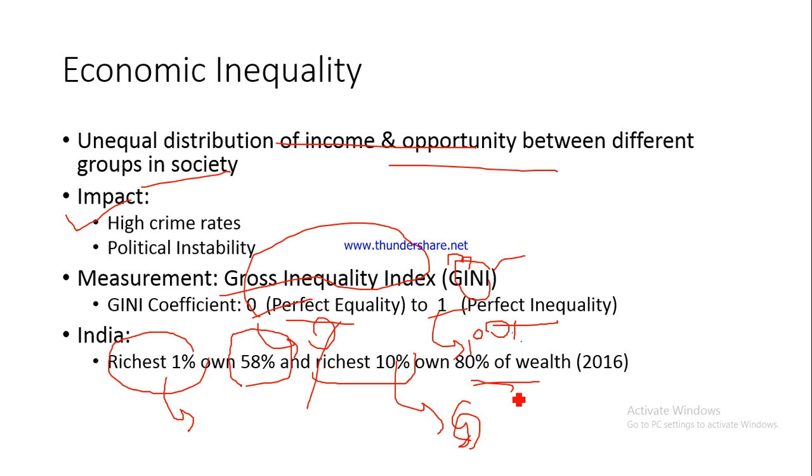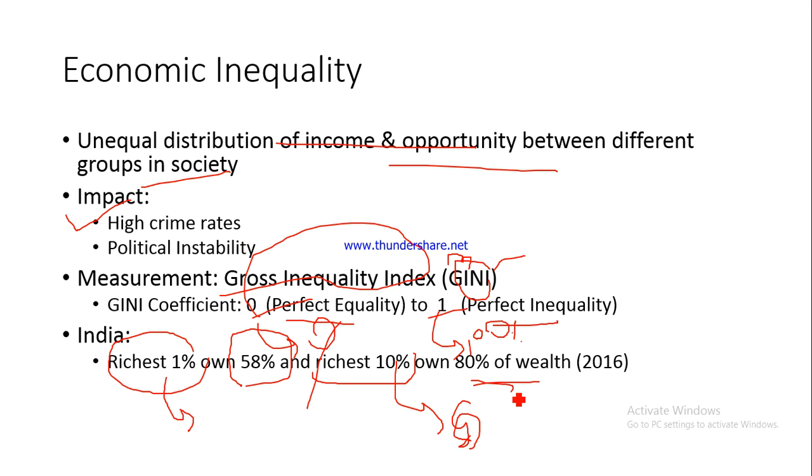And you would be surprised to know that this particular condition has aggravated during the corona pandemic as well. There also we have seen the richest have become richer, while the poorer people of the society have become more poor.